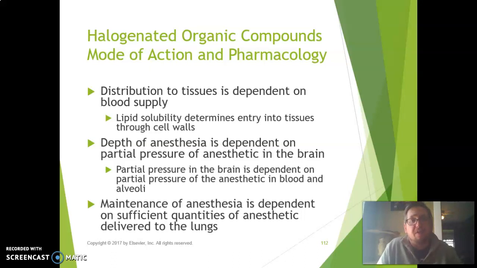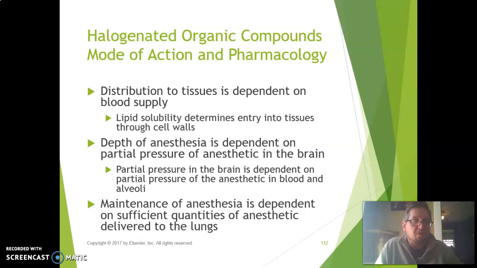Distribution to the tissues is dependent on blood supply. So if an animal is hypovolemic, i.e. has a low blood supply, the distribution of this drug is going to be compromised. And as far as lipid solubility goes, this is how it pierces into the cell walls and produces its effects.